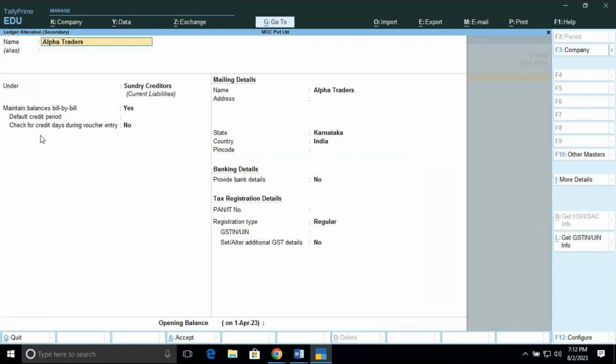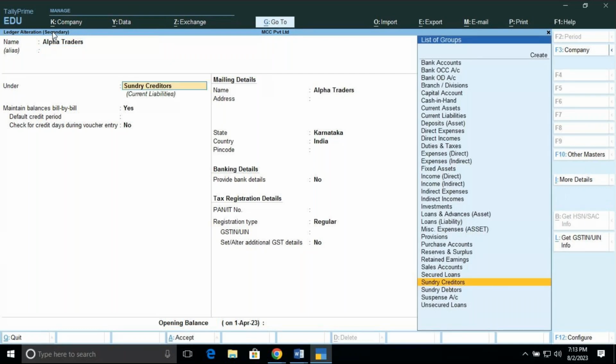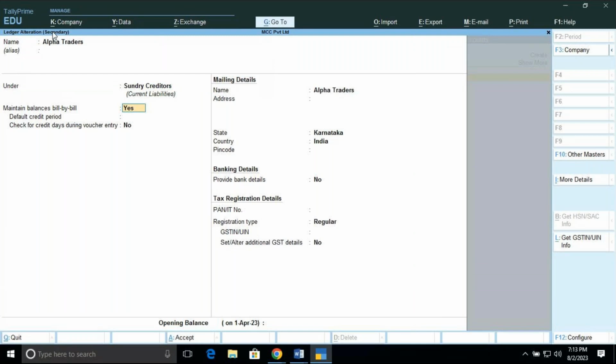It will take you to the alteration screen. See, ledger alteration, secondary. Secondary why? Because you are navigated through the shortcut key. Now, we linked Alpha Traders to sundry creditors, and there is one thing called maintain balance bill by bill.